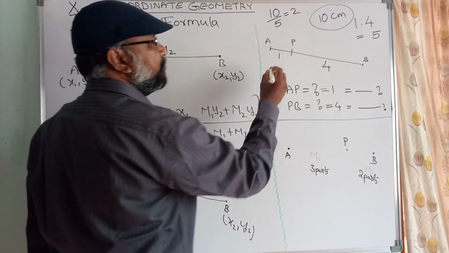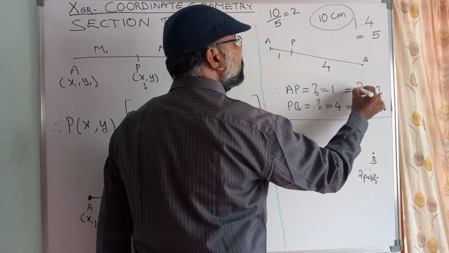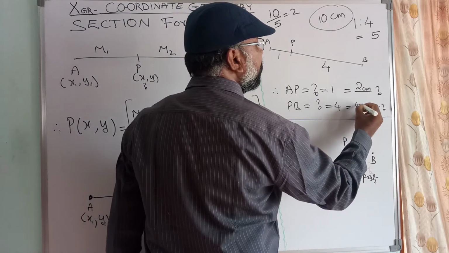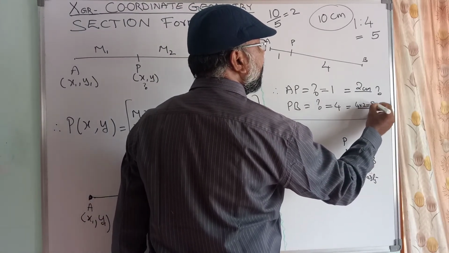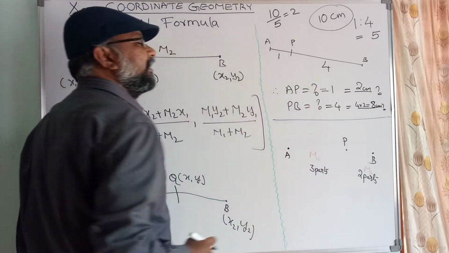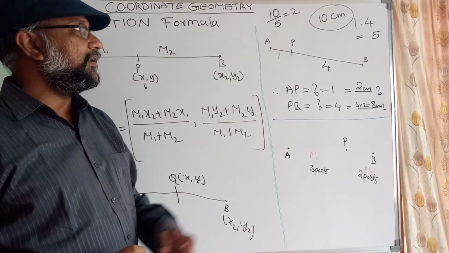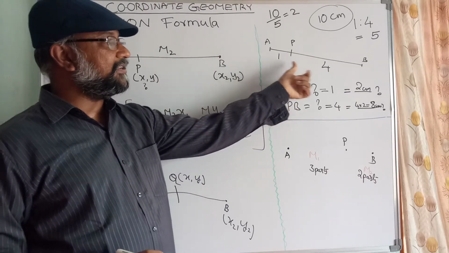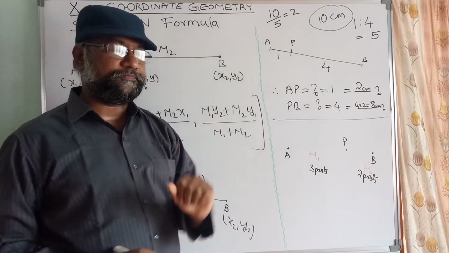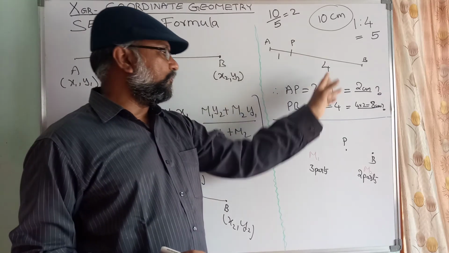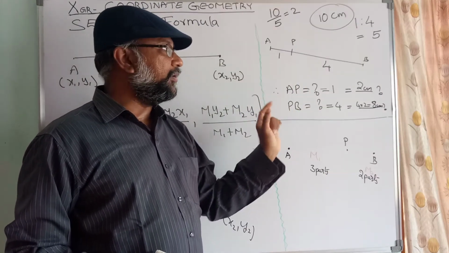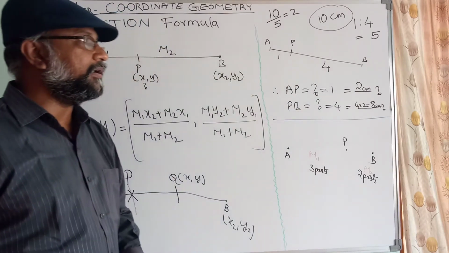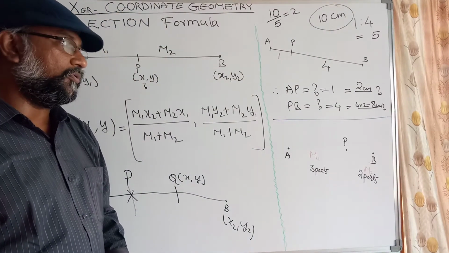That means one ratio part is 2 centimeters and 4 ratio parts are 4 times 2, that is 8 centimeters. Totally 10 centimeters. A ratio will not have centimeters, we just say a number, like 1 is to 4, 3 is to 4. But the exact measurement is AP equal to 2 centimeters, PB equal to 8 centimeters.